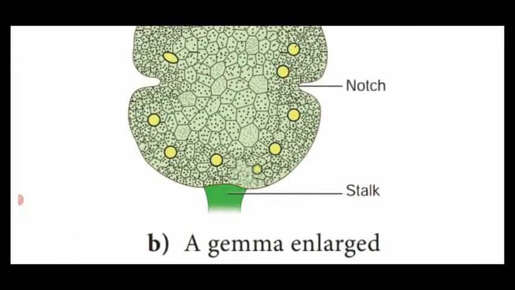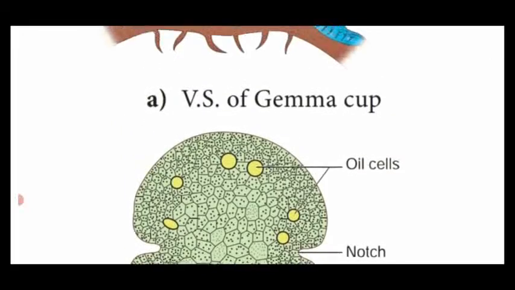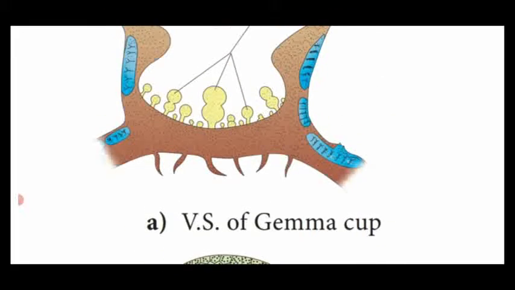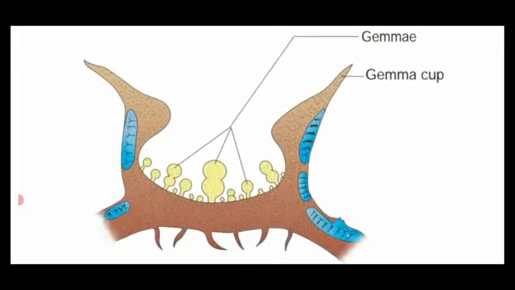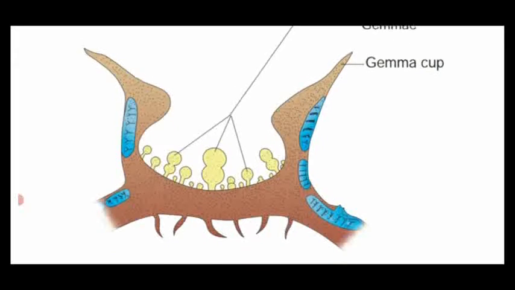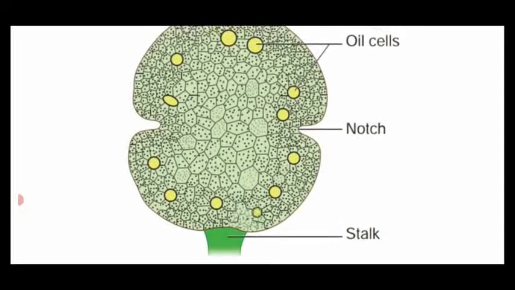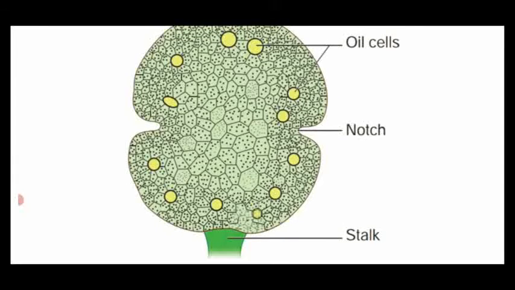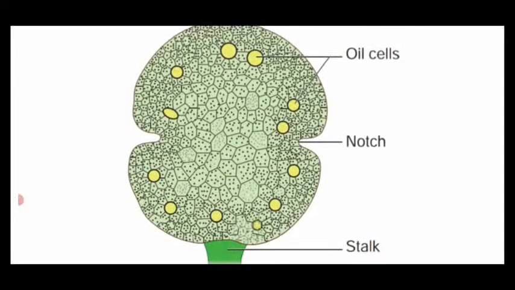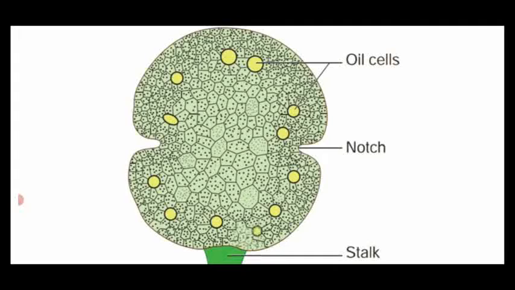Dear students, this is the enlarged gemma, which is present on the inner side of the gemma cup. That means the yellow colored diagram is enlarged in a single portion. See, this is the gemma present inside the gemma cup, which contains a small notch in the middle of the gemma.